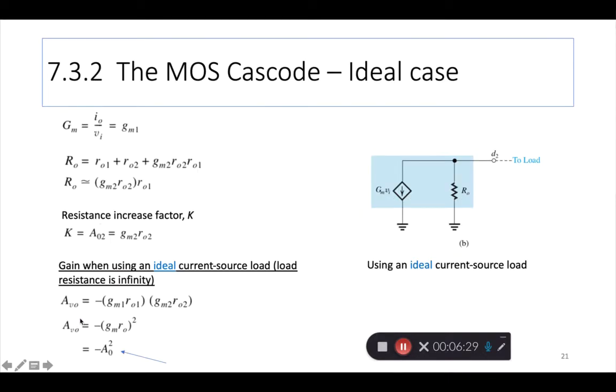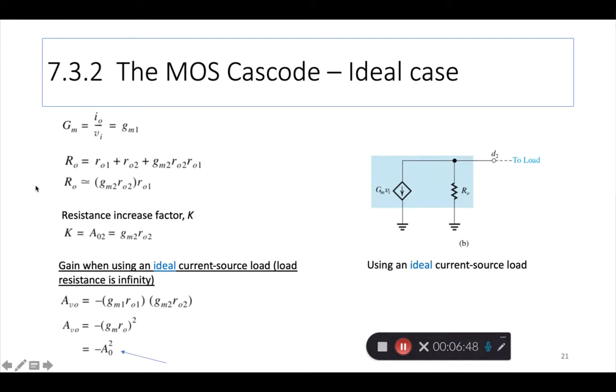And here is the small signal equivalent drawing. In the ideal case, there is a derivation of all this in the textbook. Again, I request you to read through the derivation, make sure you understand some of the ideas used to come up with these formulas.